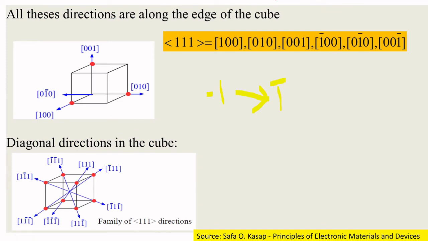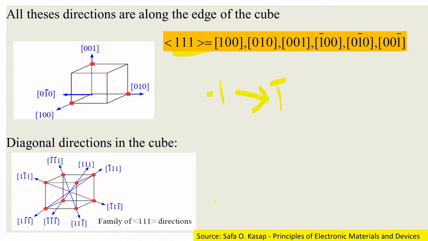Similarly, when you want to represent a family of directions, you should use the angle bracket I mentioned earlier. That means all possible directions. If you have a cube, you have 6 possible directions of the 1 0 0 type: front, back, front, back, front, back, for 3 faces in total. Similarly, for the diagonal directions in the cube, you will have 8 diagonals: 1, 2, 3, 4, 5, 6, 7, 8.